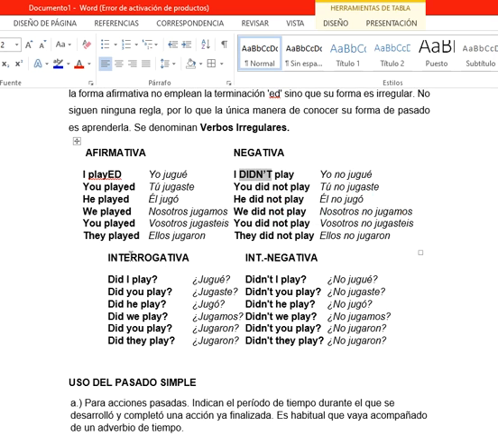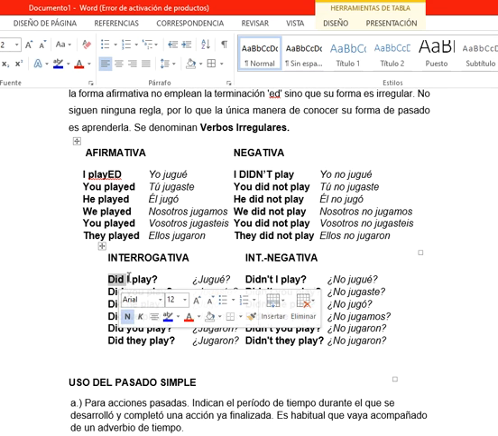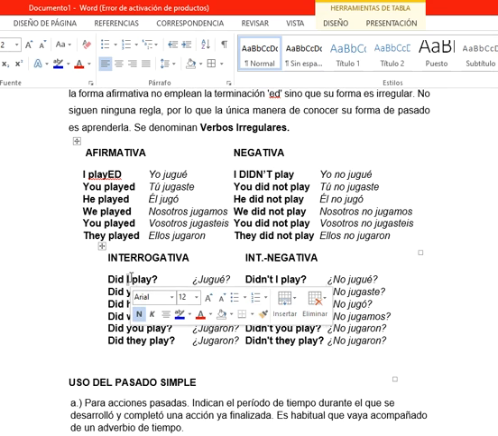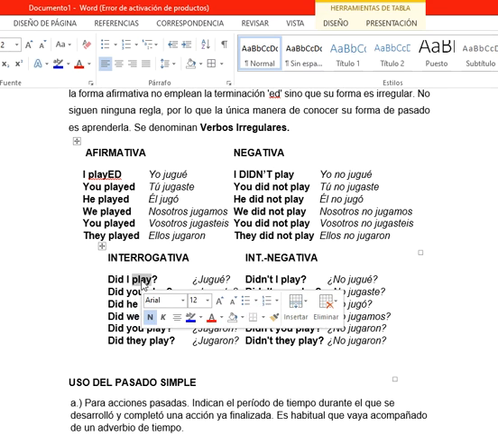And the same is going to happen with the interrogative sentence. In this case, first of all, we need to put the auxiliary did, then we need our subject, and finally, we need our verb. But is the verb going to be in past?